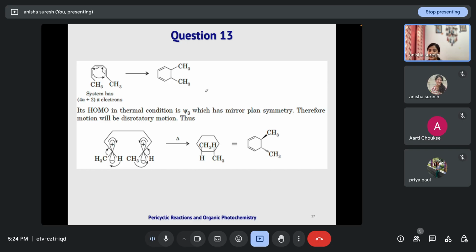So here they are explaining based on the FMO. So this plus-plus overlap should take place, and for that overlap to take place, the orbitals have to come in this rotatory manner.